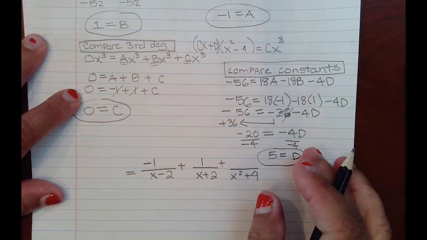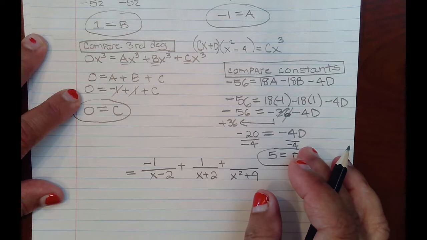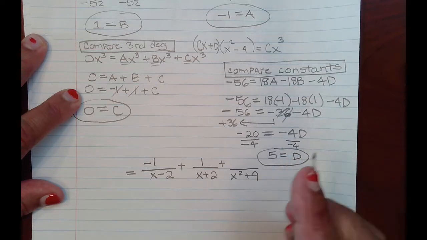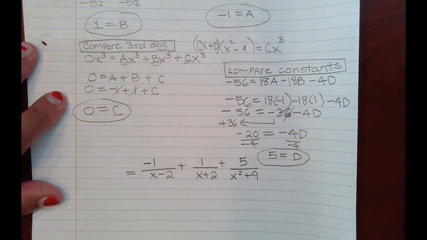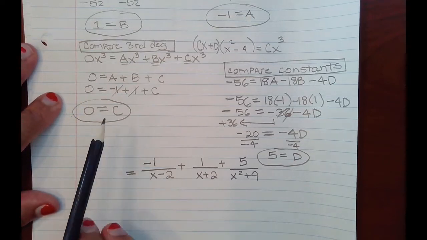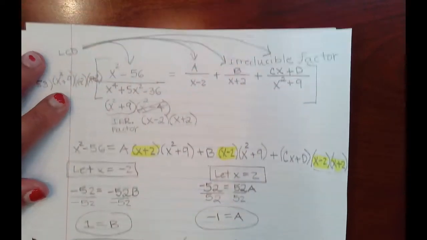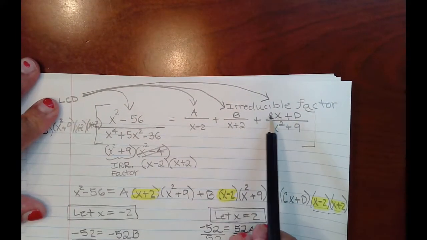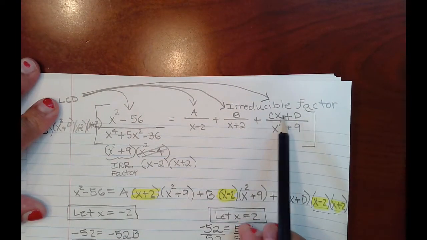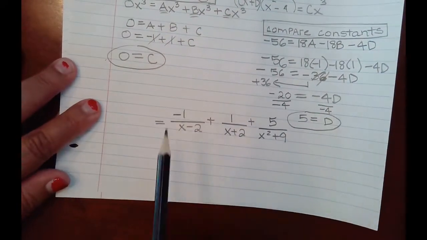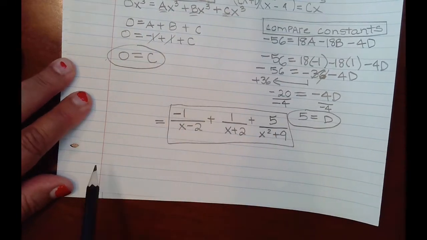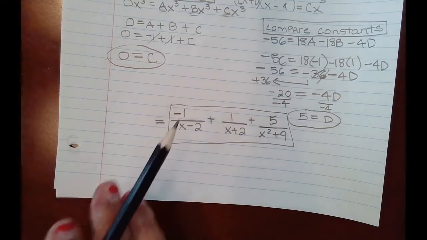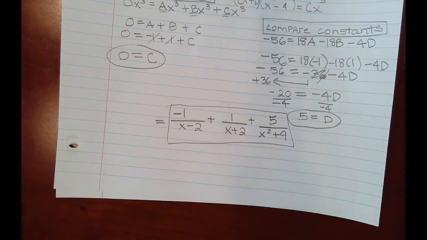So when I go C times x, that x term will no longer be there, and all you'll have left is the D value. And that's just because C turned out to be 0. So when you plug it in here, this would be 0 times x. In other words, that wipes out, and you're just left with the D value. So in the end, this is your final answer. The main fraction would go over here if they were making you write that.